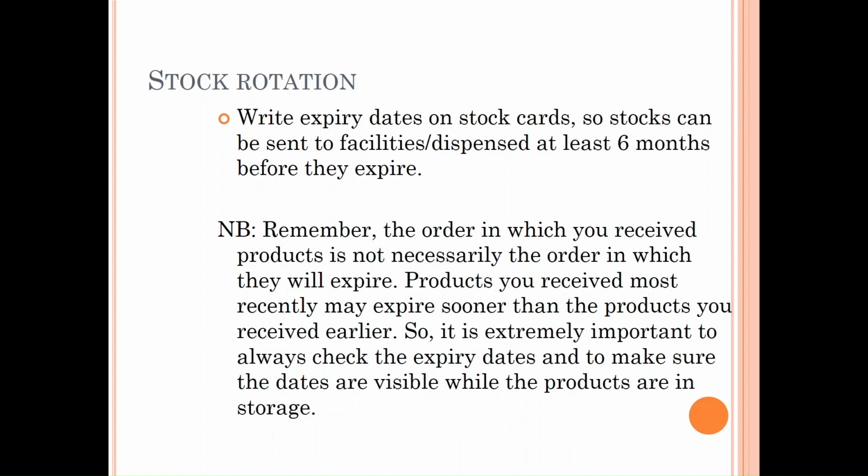Remember, the order in which you receive products is not what is necessary. The order in which they will expire is necessary. Products you received most recently may expire sooner than the products you received earlier. So it is extremely important to always check the expiry dates and make sure that dates are visible while the products are in storage.